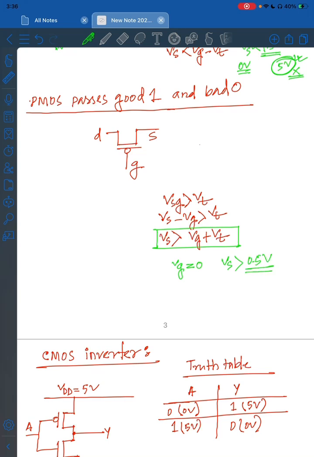So the source voltage of the PMOS can be as low as 0.5 volt, and it can go up to 5 volt and beyond. So VS can achieve 5 volt here, but it can never go below 0.5 volt, so VS cannot be equal to 0 volt. So from this we can say that the PMOS passes good 1 but bad 0.